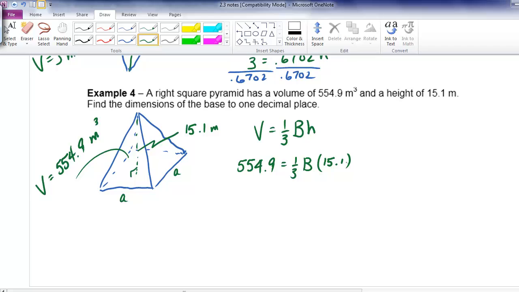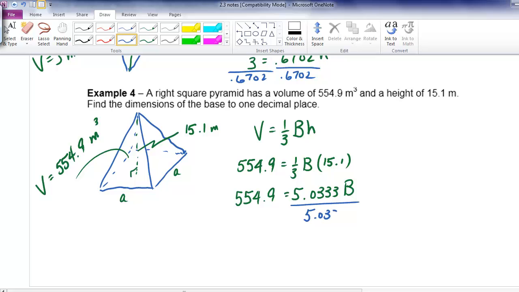Again, we could do algebra, multiply both sides by 3 and divide by 15.1, but maybe the best way would be to multiply 1/3 times 15.1, and as long as you carry to your 4 decimal places, it'll work out nice. Then we're going to undo this multiplication right here, 5.0333 times b.